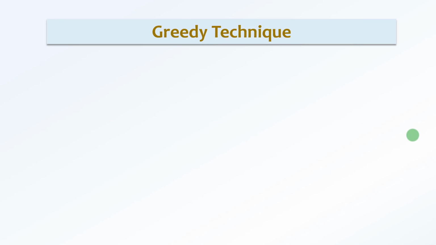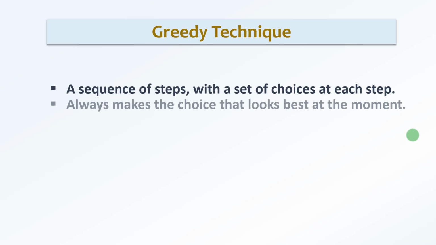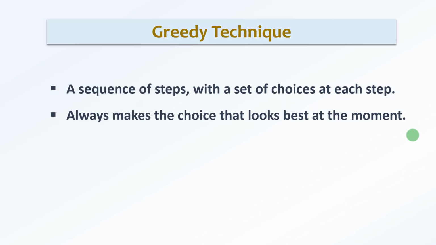Greedy technique is one of the approaches to solve optimization problems. The algorithms which follow the greedy approach are called greedy algorithms. Greedy algorithms typically go through a sequence of steps with a set of choices at each step. A greedy algorithm always makes the choice that looks best at the moment.